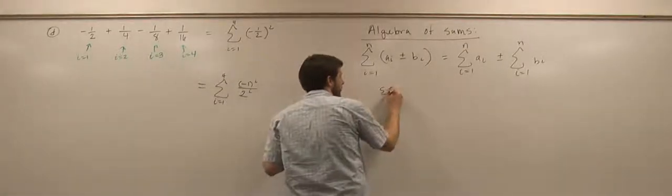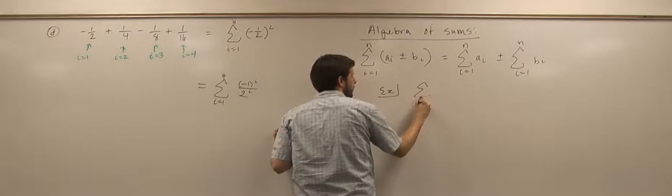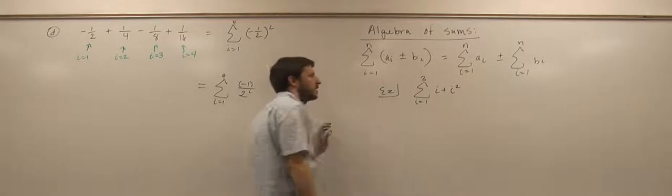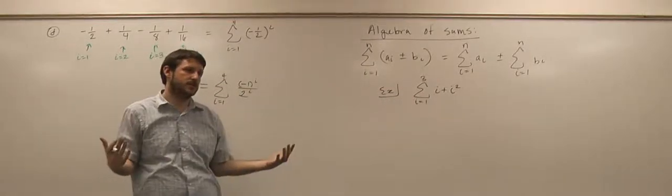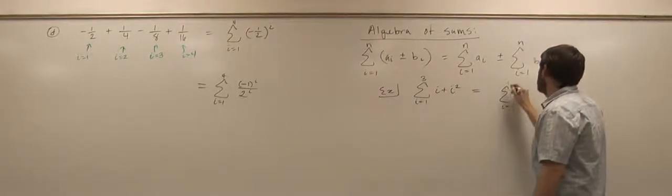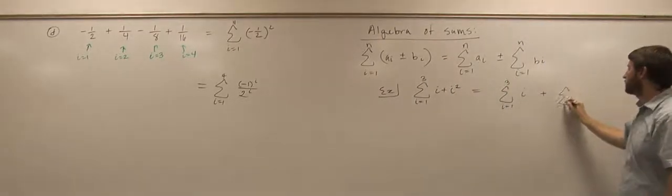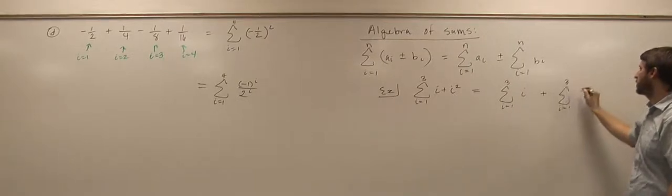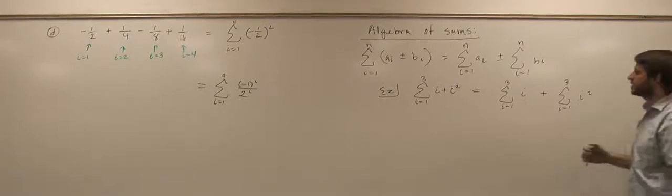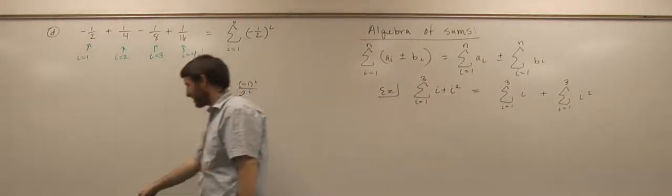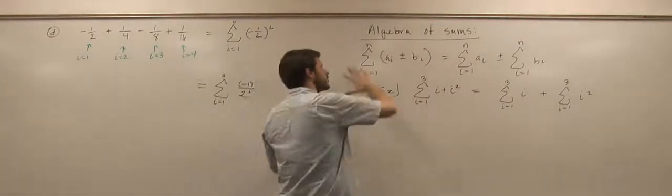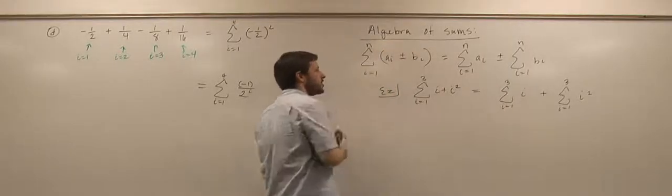So what I mean, for example, if I wanted to calculate the sum from I equals 1 to 3 of I plus I squared, I could break that into two separate sums. I could do the sum from 1 to 3 of I plus the sum from 1 to 3 of I squared. I know you don't think this is ever going to matter, but it makes life a little easier sometimes. So you can distribute the sum, basically. You can put it to each term.